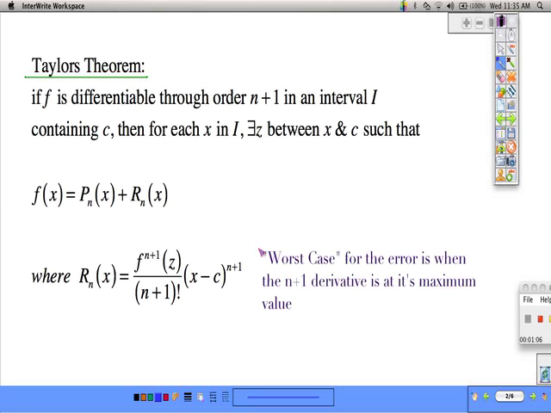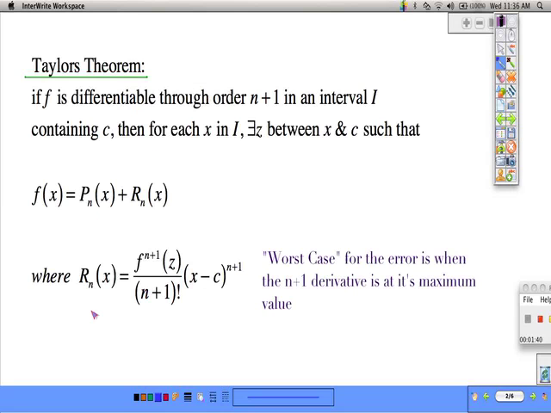Taylor's theorem says that if f is differentiable through order n plus 1 on an interval that contains c, the value that we're centered at, then for each x in that interval, there exists a z value between x, the value that we're evaluating at, and c, such that the function is equal to our polynomial plus the nth remainder.